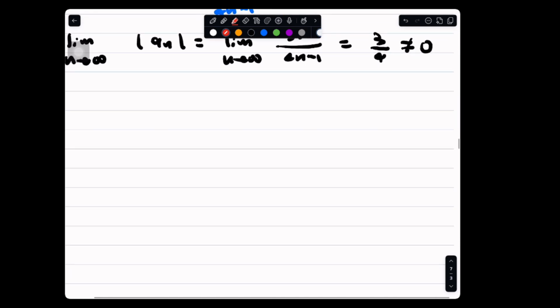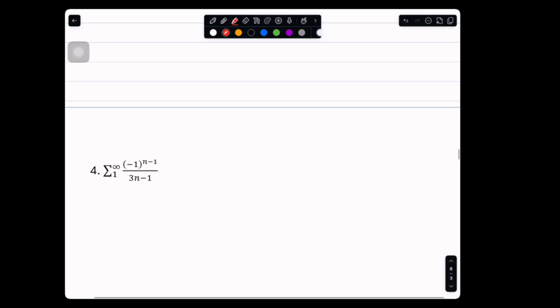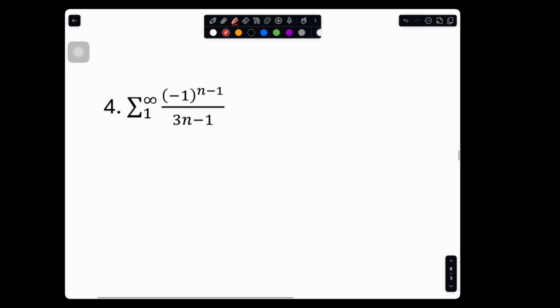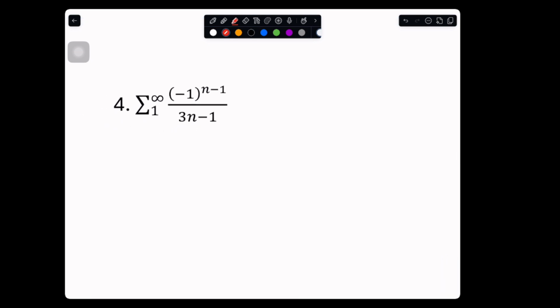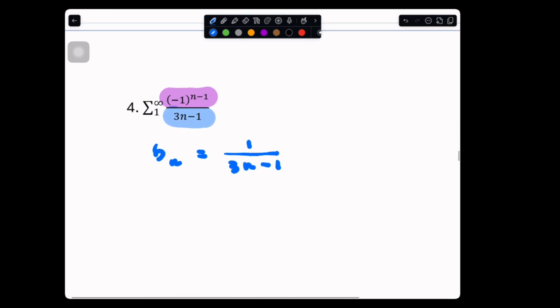All right. What do you think about that? All right. Let's look at the next one here. Alternating series test. Is that right? And what's my BN? It's an alternating mechanism. BN's going to be 1 over what? 3n minus 1.